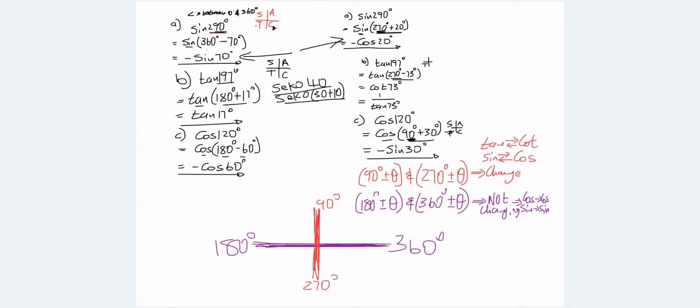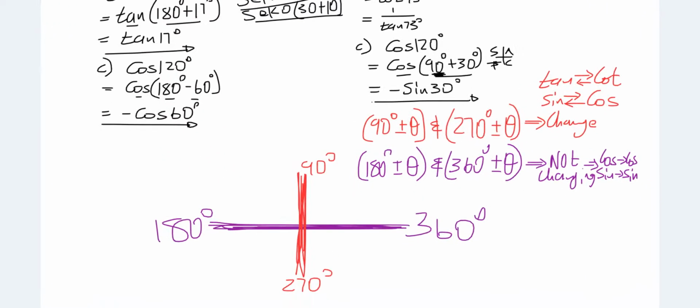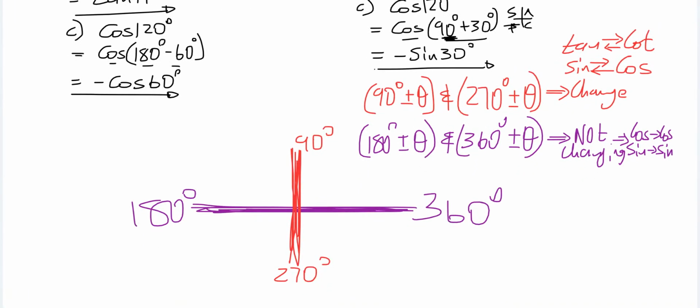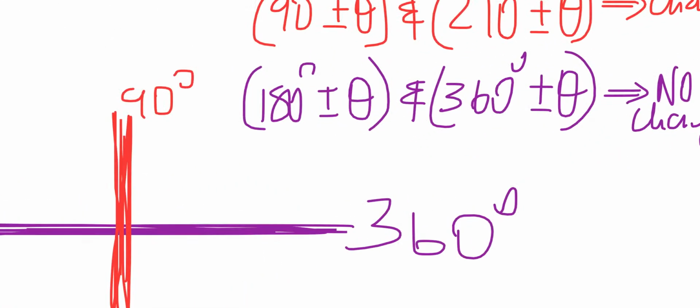So that's how you can easily work it out, where you have the 90 plus or minus 27. So obviously the 90 minus, it is the one that will fall in the first quadrant, even though you may not use this one.